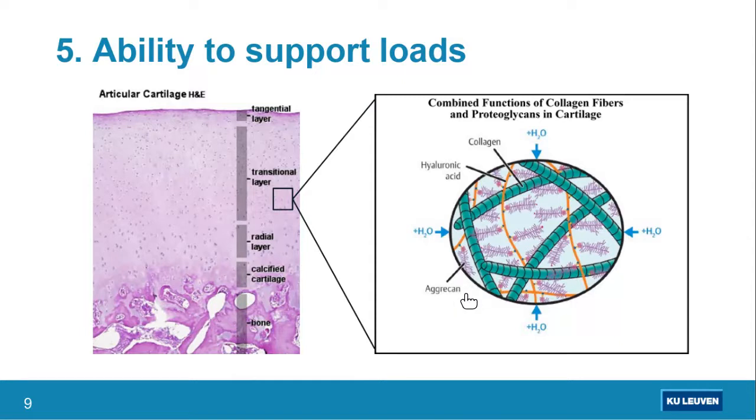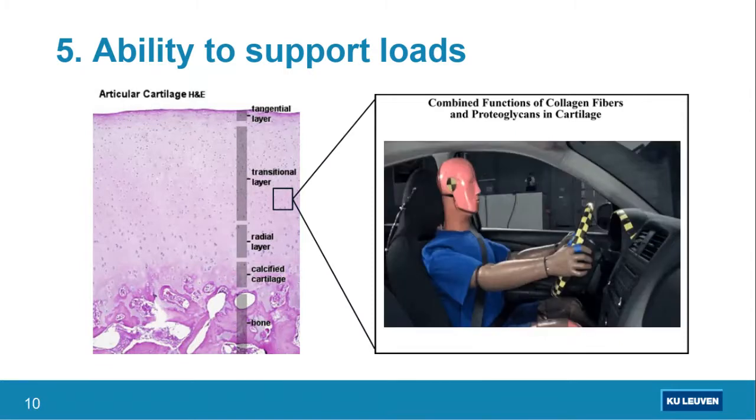What happens with the aggrecan or the proteoglycans is that they are negatively charged, and therefore they are going to absorb water, and therefore they are going to absorb the impact shocks. And then we have the collagen, which provides cartilage with its tensile strength. Due to this composition, it's similar to when we are in a car crash and we have an airbag.